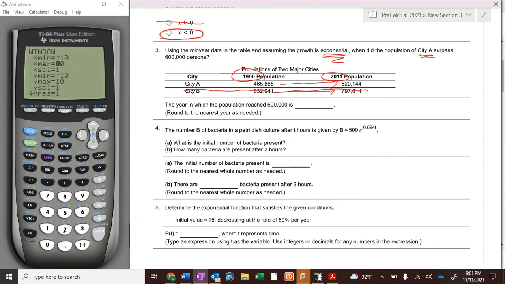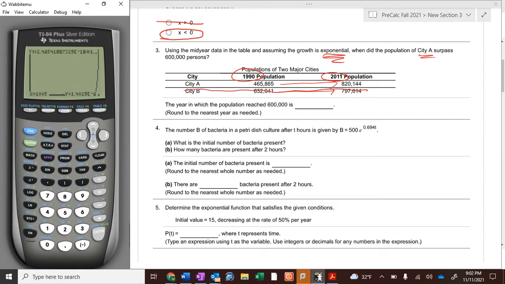So we're going to go 2020. Just go there. That's fine. And then let's go about 800,000 for our population. If we graph it, hopefully we'll see a function. There it is. Right there.